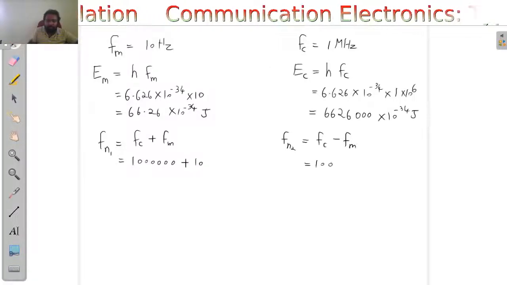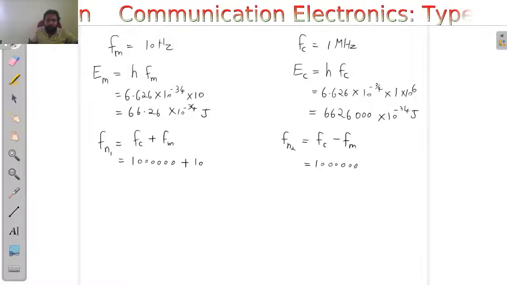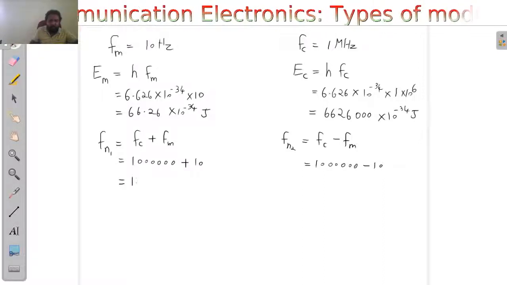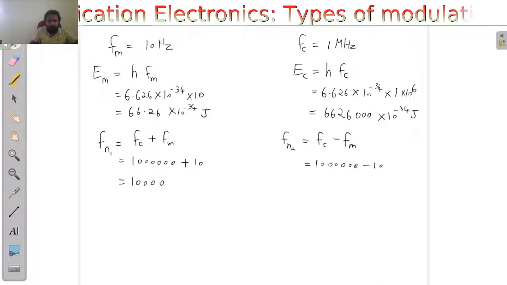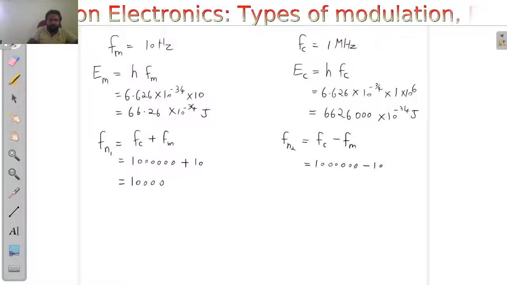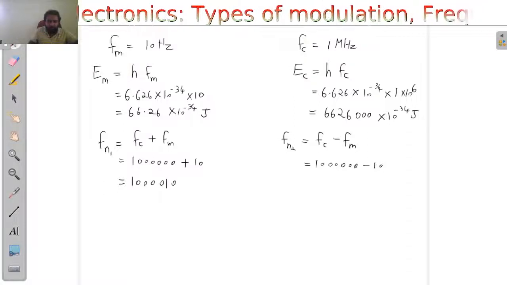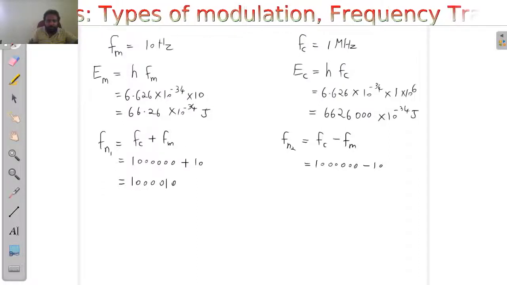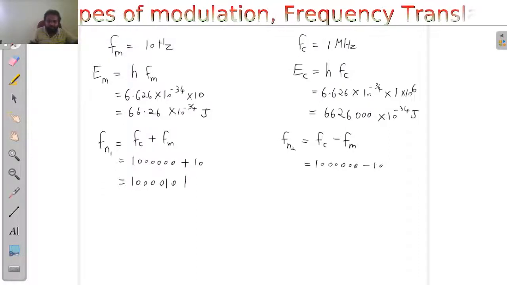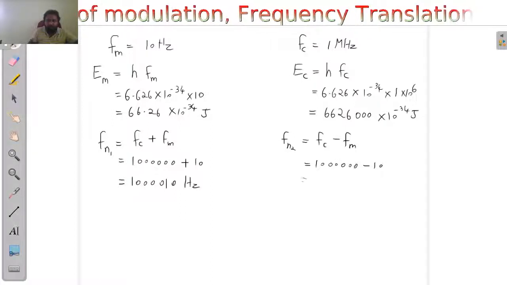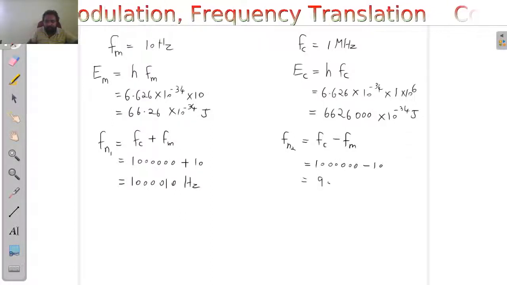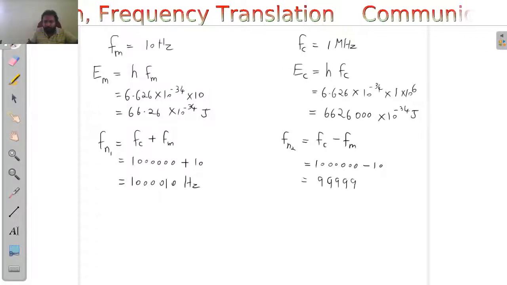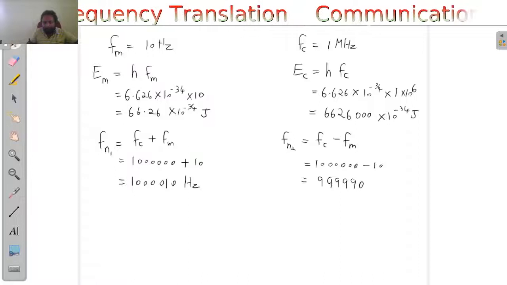Thus 1 followed by 6 zeros minus 10, and this gives us 999990 hertz. That much hertz.